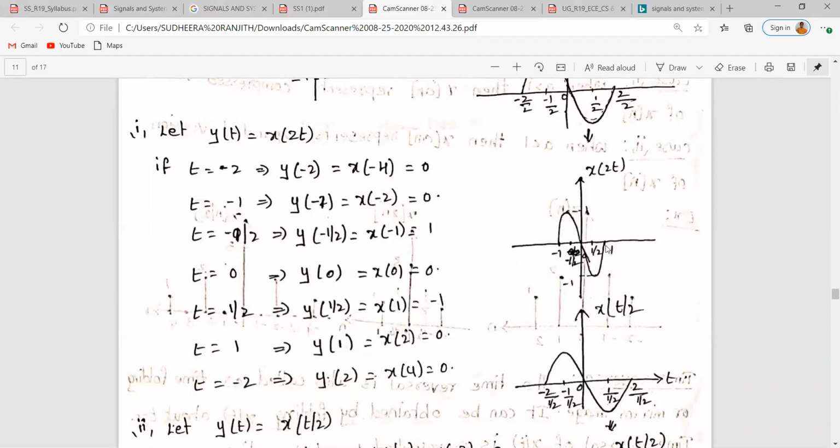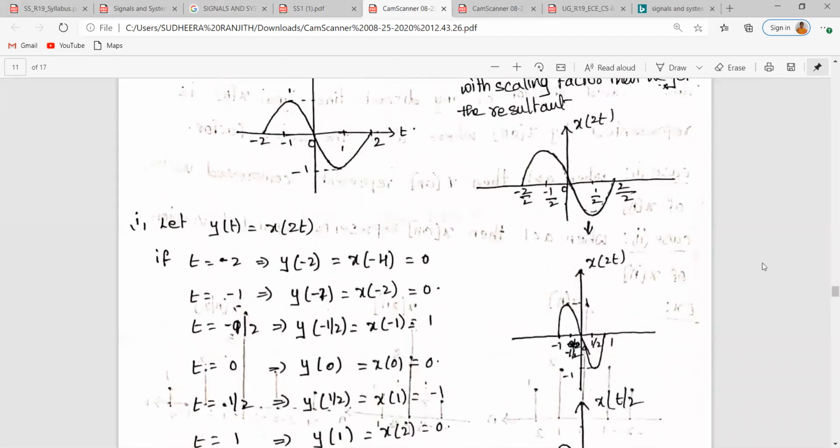If you compare it with the actual signal, x of t is defined in the range of minus 2 to plus 2, and this x of 2t is defined in the range of minus 1 to plus 1.